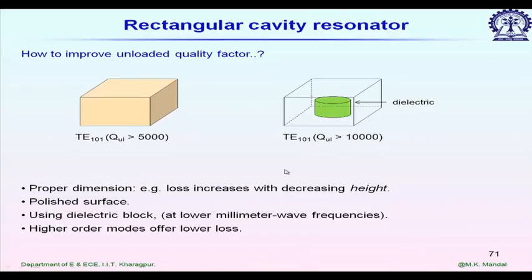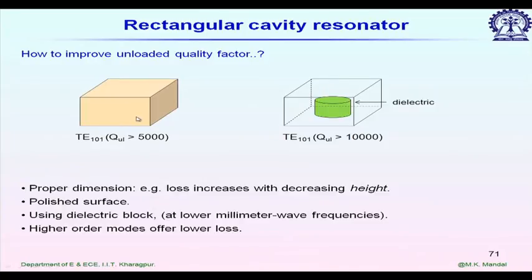So, air is almost considered as free space or a lossless dielectric, but if there is water vapor present in air, it becomes lossy, because water vapor absorbs electromagnetic waves. So, whatever material you are using inside, if it is air, it should be dry, or sometimes people use inert gas, and you have to make sure there is no water vapor present inside the cavity, otherwise it will become lossy.